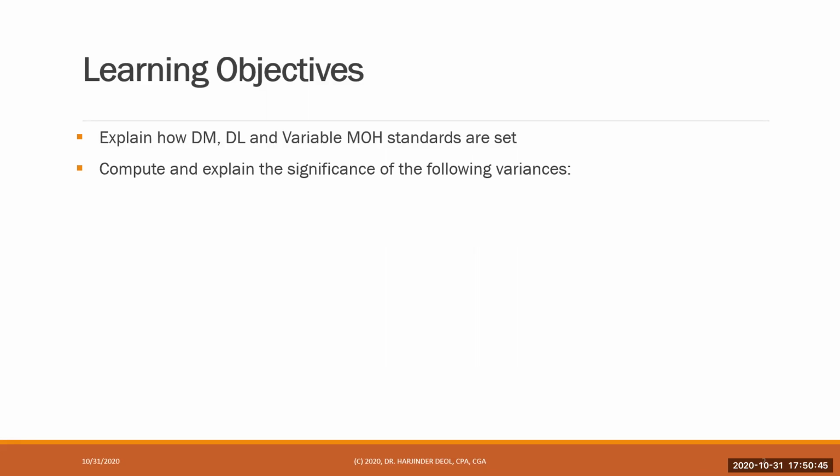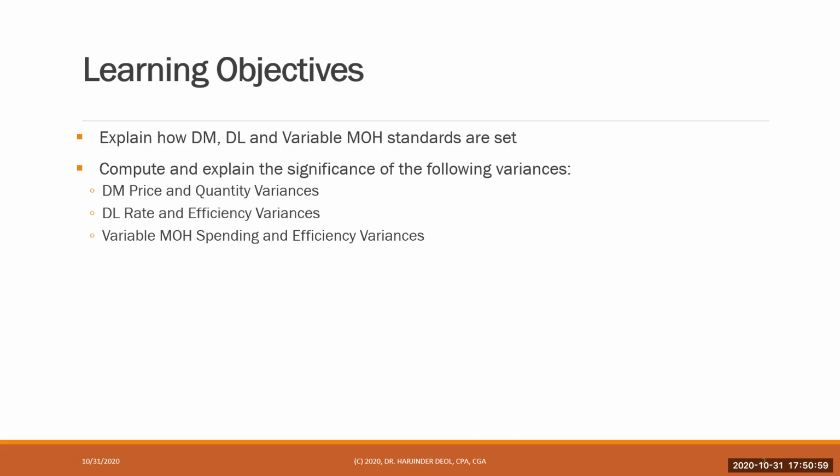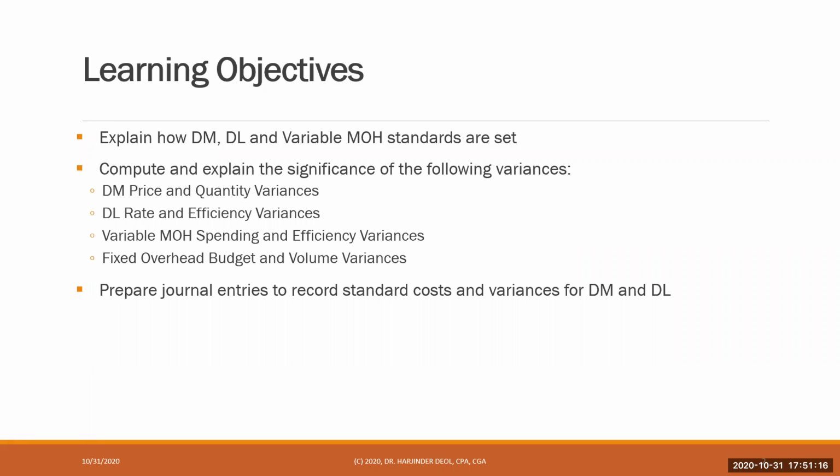Calculate and explain the significance of the following variances: direct materials price variance and direct materials quantity variance, direct labor rate variance and direct labor efficiency variance, variable manufacturing overhead spending variance and variable manufacturing overhead efficiency variance, and finally, fixed manufacturing overhead budget variance and volume variance. We will also learn how to record journal entries for the standard costs and variances for direct materials and direct labor.